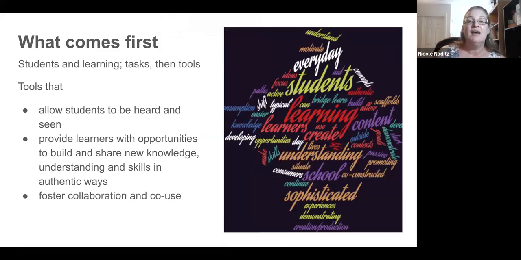And are there ways that we can be sure that students are creating with technology and creating with content and creating with knowledge, but not always in isolation, through collaboration and co-use of technology, which is people using technology together for a common purpose. It doesn't have to be just students, although that's the most common right now.